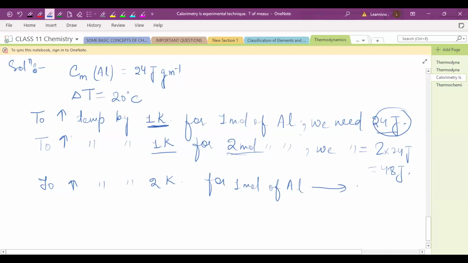Just read the sentence once again. The temperature increase is now 2, but the number of mole is 1 mole only. Just compare this with the first sentence. How much energy is required?